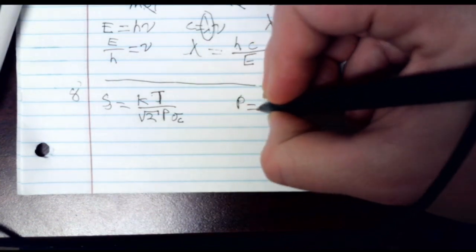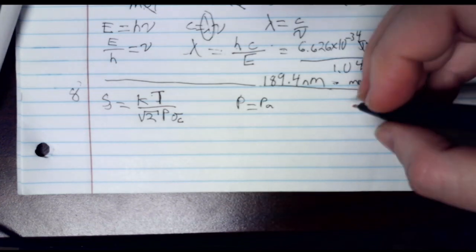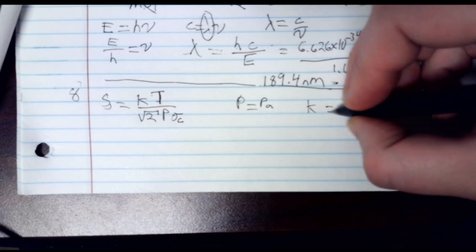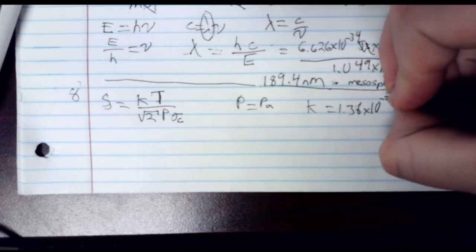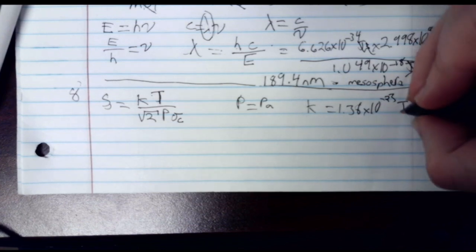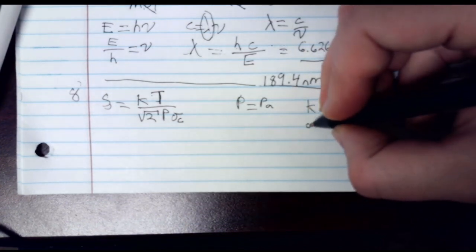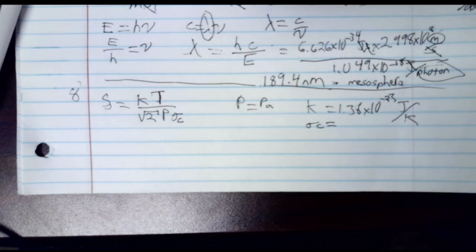So pressure is in units of pascals. And Boltzmann's constant is a constant, 1.38 times 10 to the negative 23rd joules per Kelvin. And sigma C is the cross section of a molecule, meters squared.